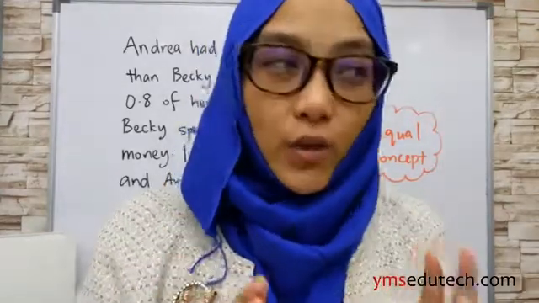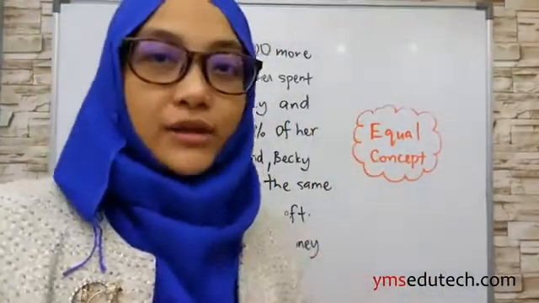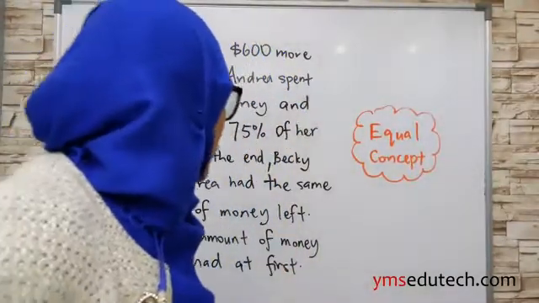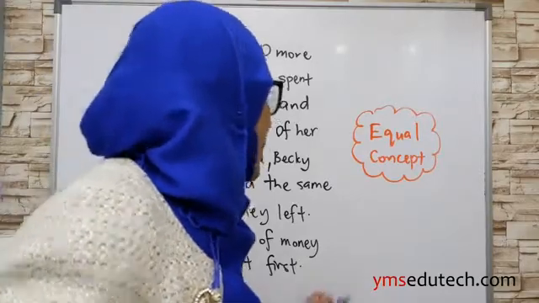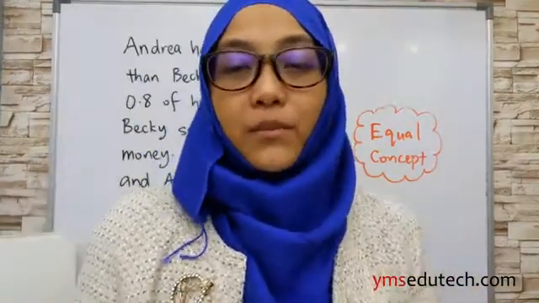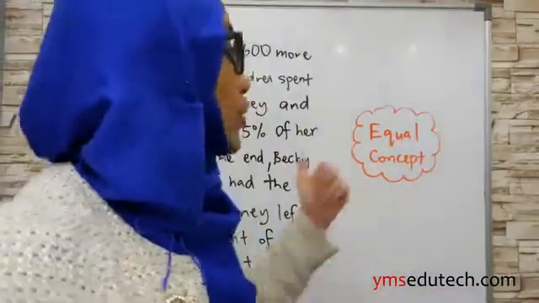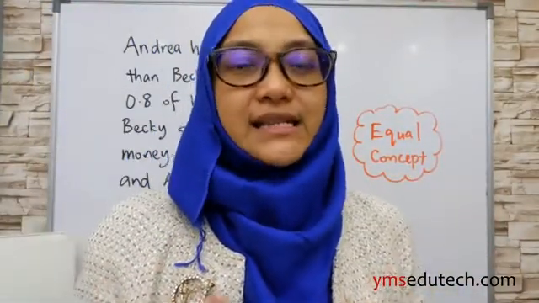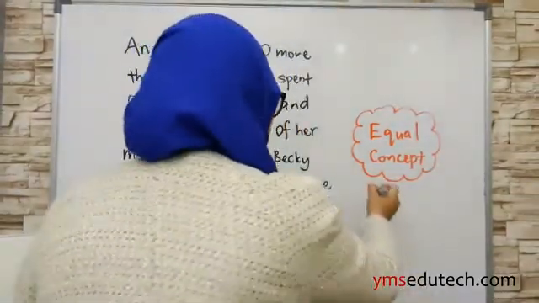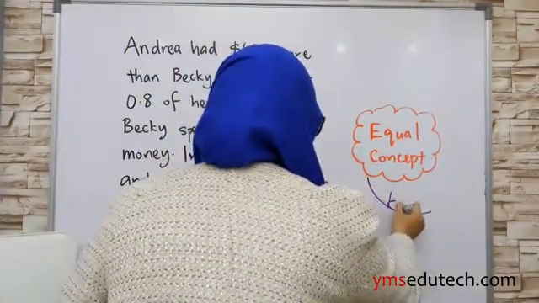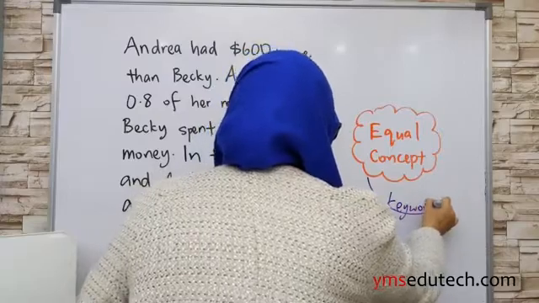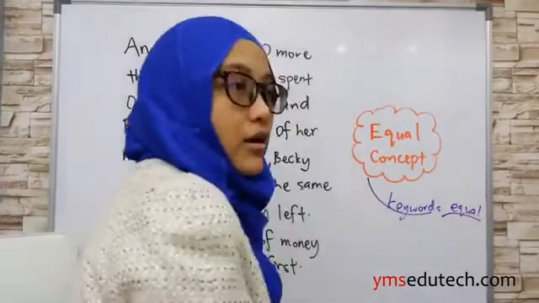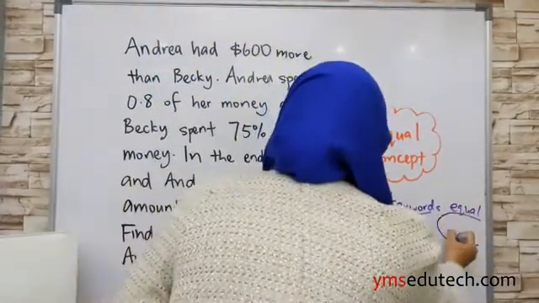Okay, so for equal concept, what are some of the important things that students need to know? First, students need to know what makes a heuristic problem an equal concept type of question. Students can identify certain keywords such as equal or same as.